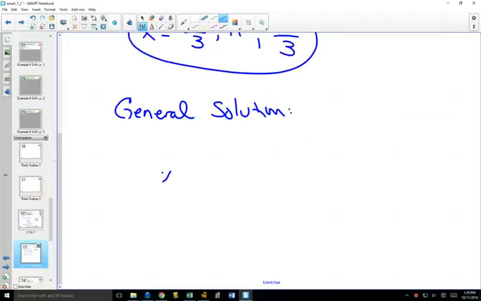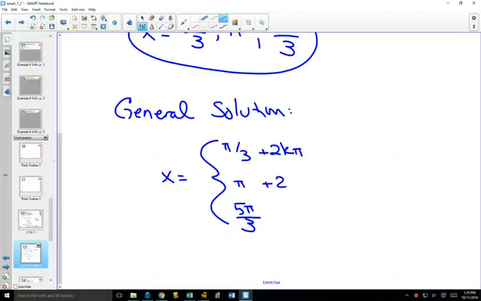You take each of your answers and add 2k pi. That would be our general solution.